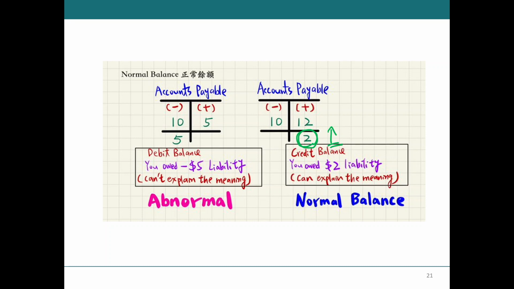So we said, usually it's normal situation for the increase side. Okay? When this number is on debit balance, it doesn't make sense, because what does it mean? You have a liability $5. Will you pay $10 back? No, impossible. So that doesn't make sense. So we say that's an abnormal situation. Okay?